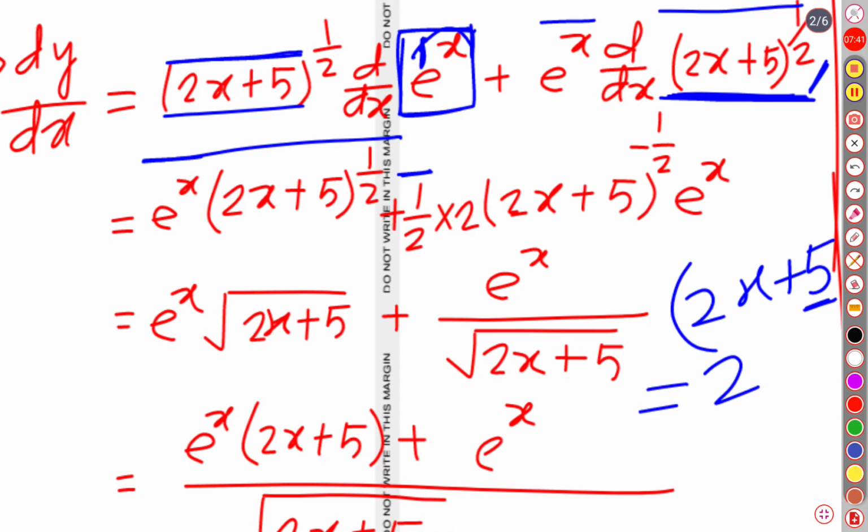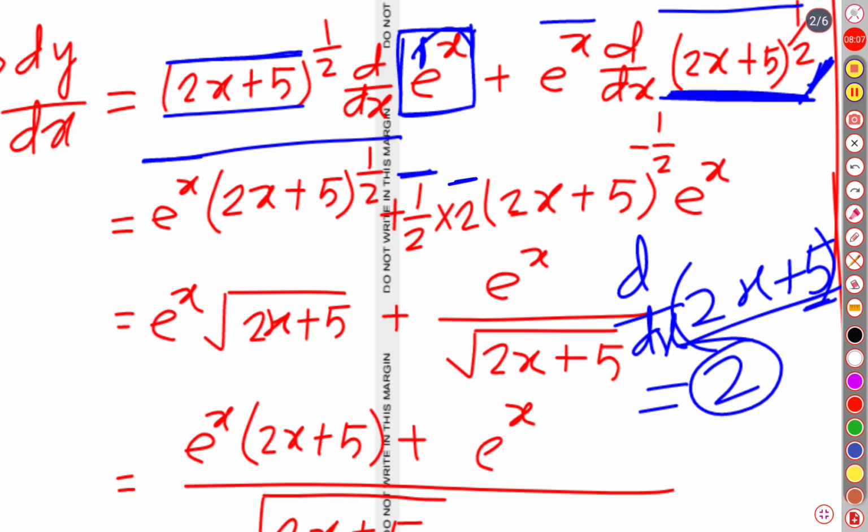So the derivative of 2x + 5 with respect to x is actually 2. So we have written first the exponent, half, then we have differentiated the inner function, which has brought 2. Then this function remains unchanged, and the exponent is negative half.